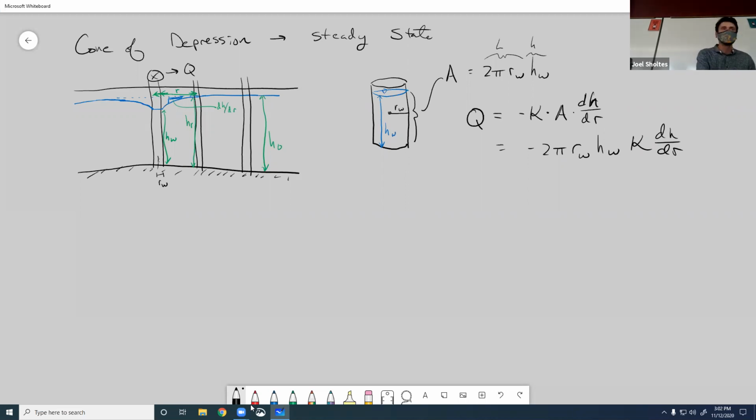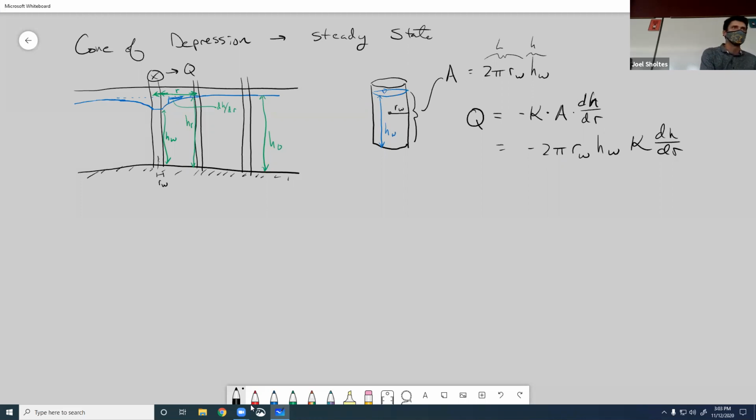All right, and then ultimately to solve this equation, we have to integrate it because we want to get rid of this differential here so that we can solve for Q and basically solve for this linear surface as well, as a function of Q. So if we know Q and we know K, then we can calculate, if we integrate this equation, H as a function of R, vice versa.